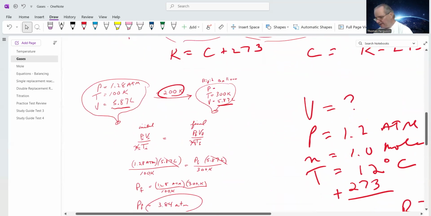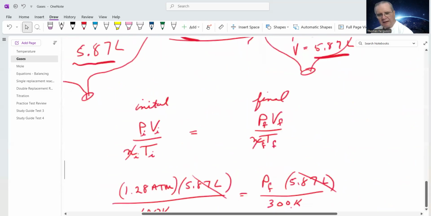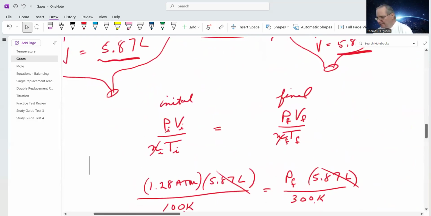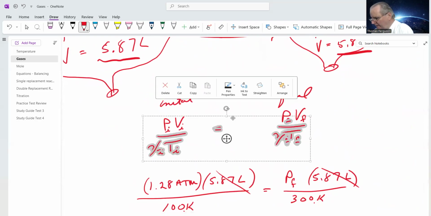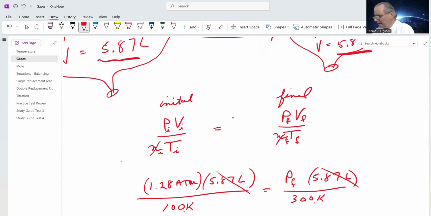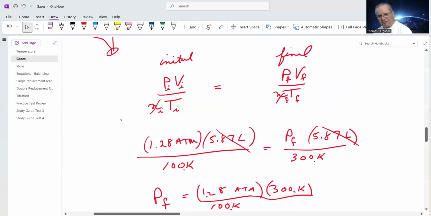And the other type of problem is a change in parameters. So we'd have initial parameters and final parameters. So you're looking at PV over nT initial is equal to PV over nT final. Now, whatever's the same on both sides, you get to cancel.